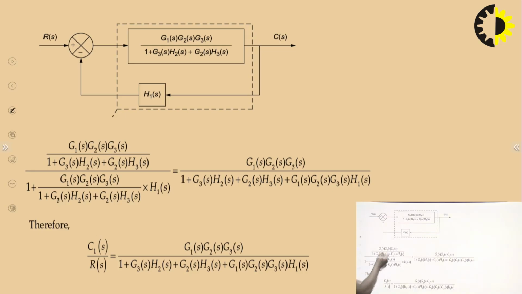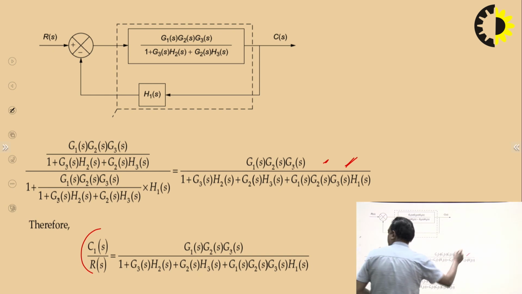So, you can easily solve this. G upon 1 plus GH. Okay. So, G is this completely, and upon 1 plus G into H, then you will solve it. So, you are getting this. Therefore, this output we are assuming as C1S because we are applying input only at RS. So, C1S by RS will become this.